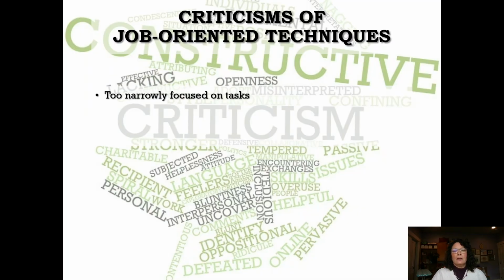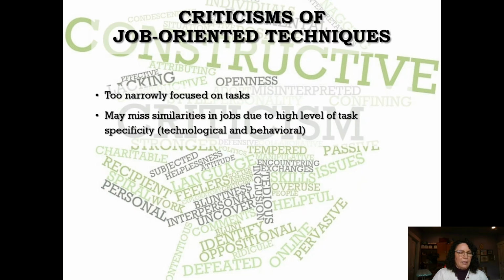All right, let's criticize the job-oriented techniques. First off, they say you're too narrowly focused on tasks, but of course that's their whole purpose. So that's kind of like, well, obviously we liked that part or we wouldn't have been doing it like this, but that's the criticism. It's not useful to everybody because it does focus very narrowly on the tasks being performed.